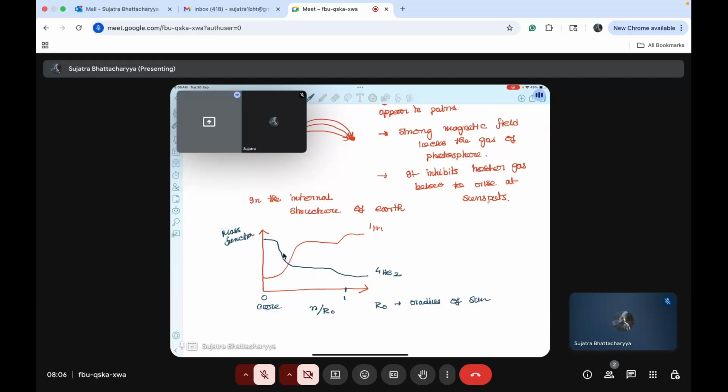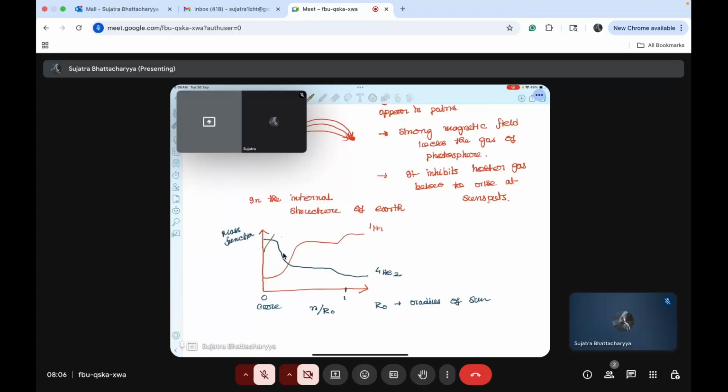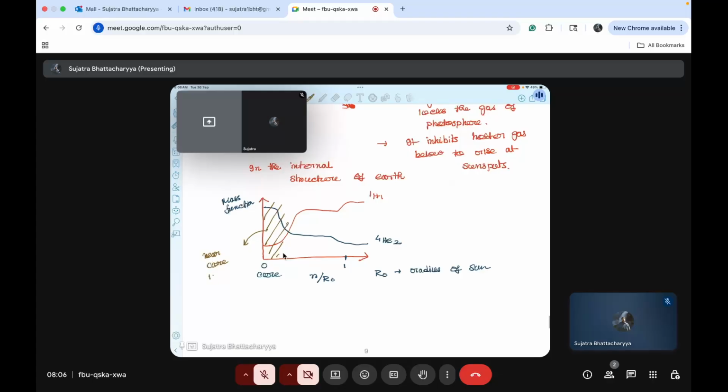In the region near the core, 1H1 is fused to form helium, and as we go outward, you can see that the hydrogen concentration increases but helium decreases.